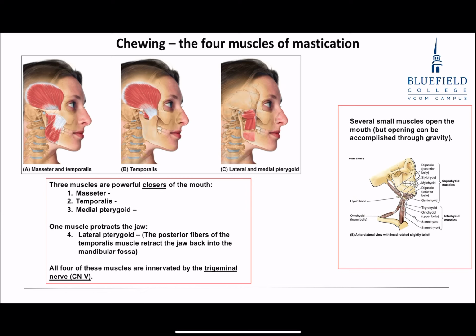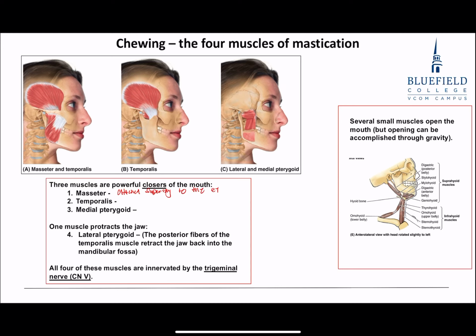The other muscle that we see right here now, even more superficial, is the masseter muscle. So that has an inferior attachment to the angle of the mandible, and then it attaches superiorly to the zygomatic arch. This bone is partly zygomatic bone, partly temporal bone. The zygomatic process of the temporal bone, which you see here.